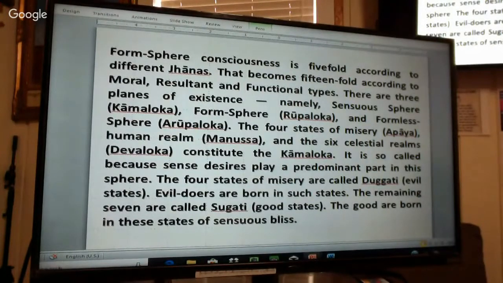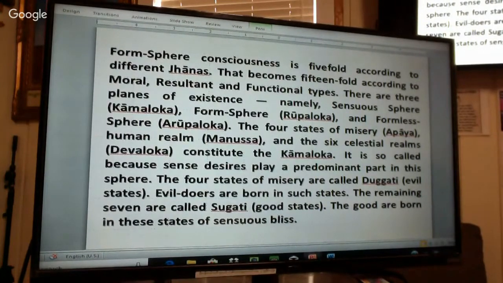It has five different jhana levels: first jhana, second jhana, third jhana, fourth jhana, and fifth jhana.